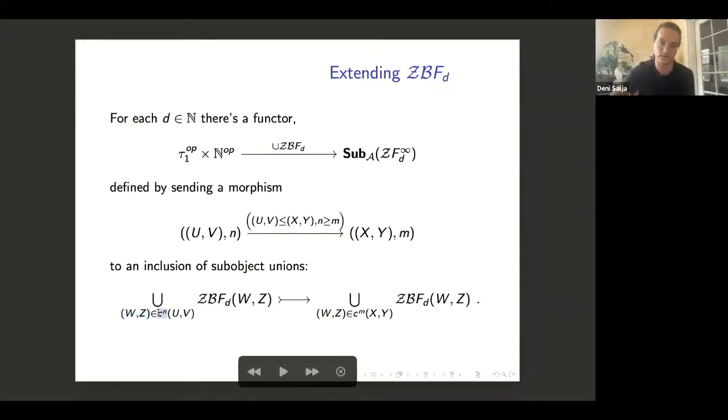I've been calling these covers because they're maximal proper subobjects. I think Johnstone called them that as well. And because of the way the partial order is defined, you get an inclusion of these unions when you have an arrow like this.